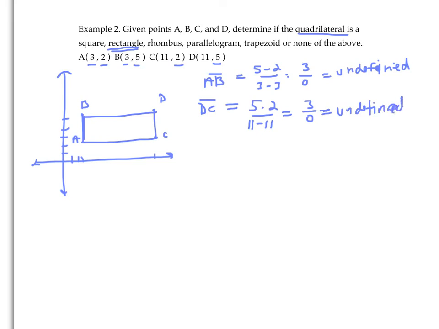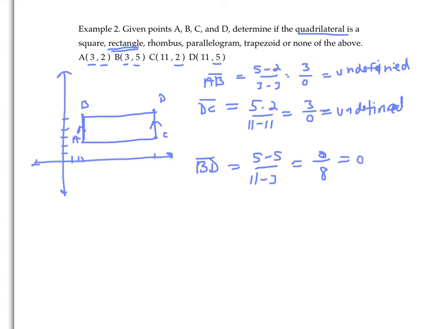So that confirms that these two line segments are parallel because they're both vertical lines. Next, find the slope of line segment BD. So for B to D, it's 5 minus 5 over 11 minus 3. 5 minus 5 is 0 over 8, which is 0.